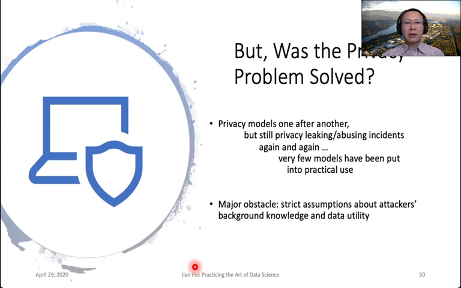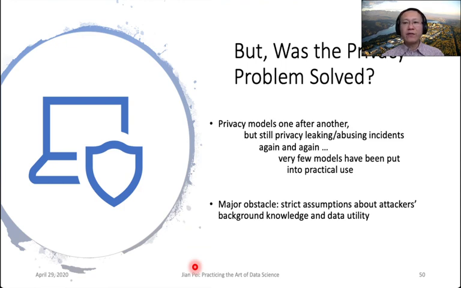Our paper got the 10 Years Best Paper Award in 2018. However, if we ask the question, was the privacy problem solved? Unfortunately, no. Although there are privacy models one after another, there are still privacy leakage and abuse instances again and again.